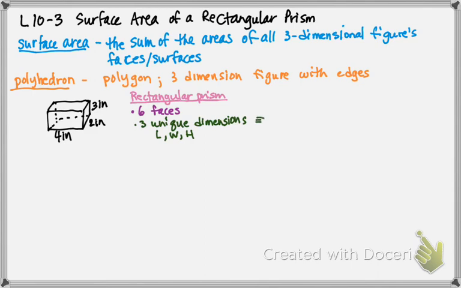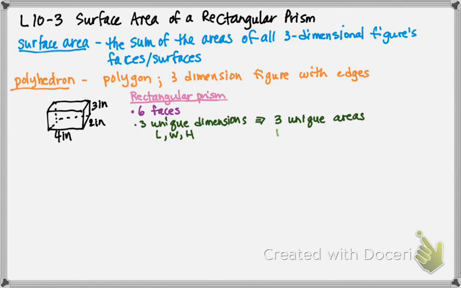So that means we're going to create 3 unique areas. Again, the word unique means different from the rest. However, that may not necessarily be the case because 2 of the dimensions could be the same number, or in the case of a cube, all 3 of them would be the same. Okay?